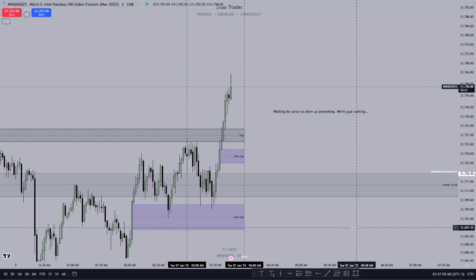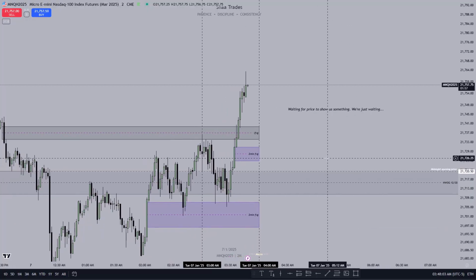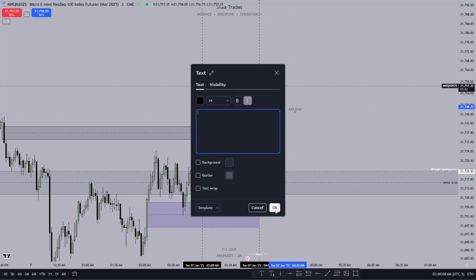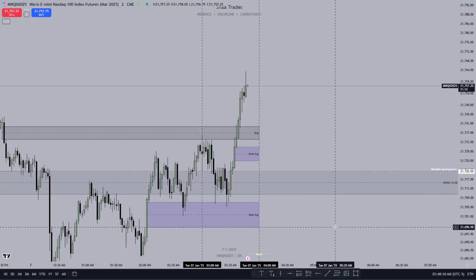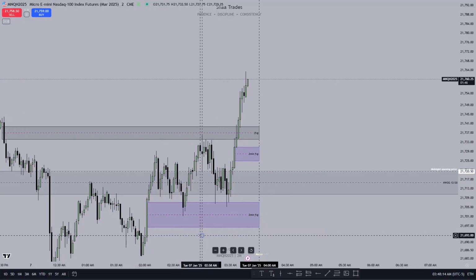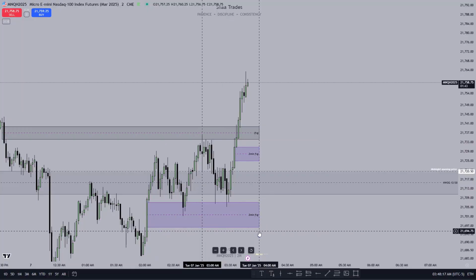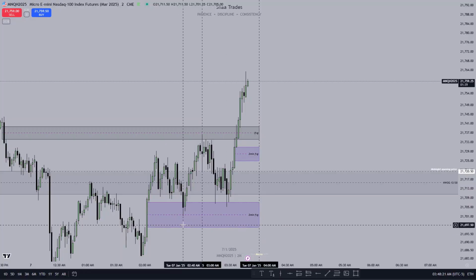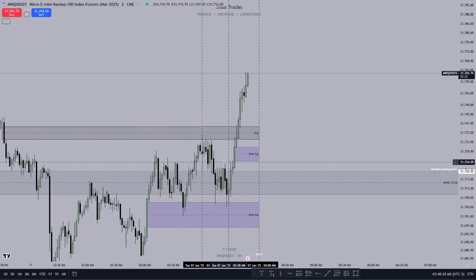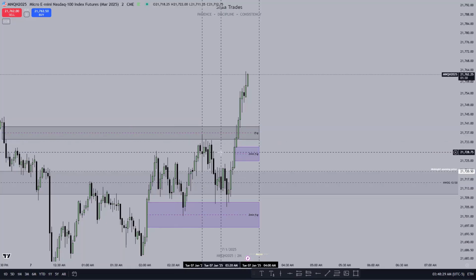So just outline a little bit more what I was looking for when I walked in. I'll take this off. So first I marked out my 3 a.m. to 4 a.m. silver bullet time, and then I marked out this 2 minute fair value gap.